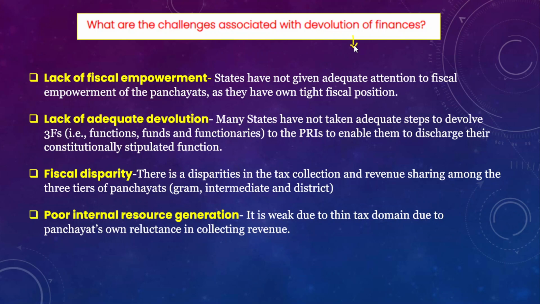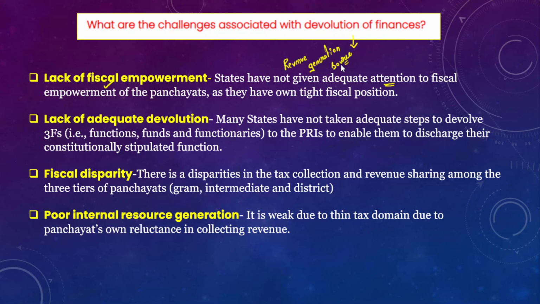First and foremost, these institutions were not given adequate attention when it comes to fiscal empowerment, in the sense that they do not have their own revenue generation sources. Instead, they are disproportionately dependent on central and state governments for loans and grants-in-aid. Therefore, there is a lack of fiscal empowerment with respect to the panchayats, because the state legislative assemblies are reluctant to devolve more powers.